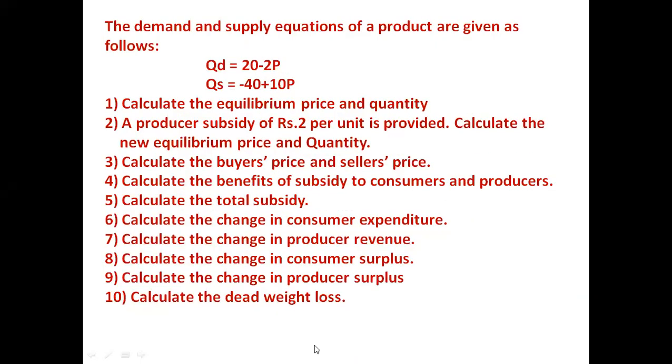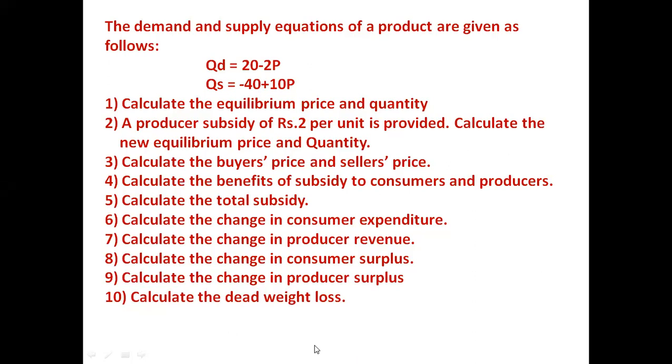So let's see, this question includes all the necessary parts related to producer subsidy. You have been given demand and supply equations: QD = 20 - 2P, QS = -40 + 10P. Calculate the equilibrium price and quantity. Second, a producer subsidy of ₹2 per unit is provided.